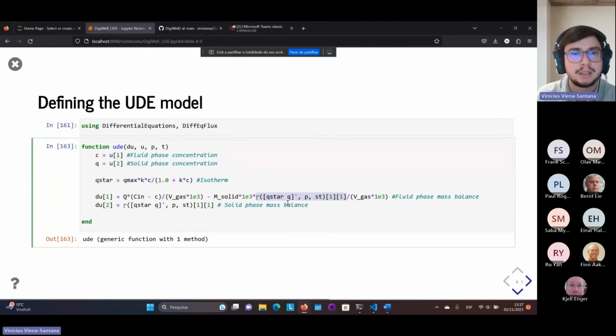As I told you, I have two inputs in my neural network: Q star, which depends on C, and Q, which is my other state variable, the solid phase concentration. All these other parameters you're seeing here were defined; I haven't shown them in the presentation, they're hidden, but if you exit the presentation, you can see the cell where they are defined. And then I have the solid phase mass balance as well, which is just the derivative of Q with respect to time equals my neural network.